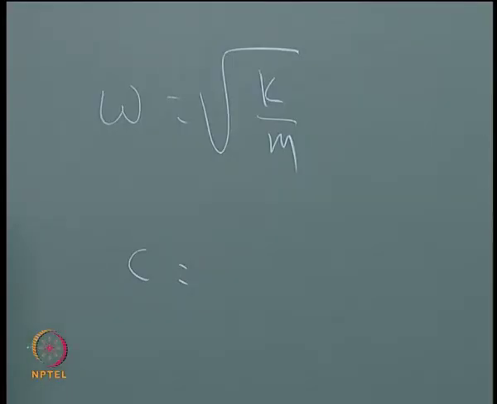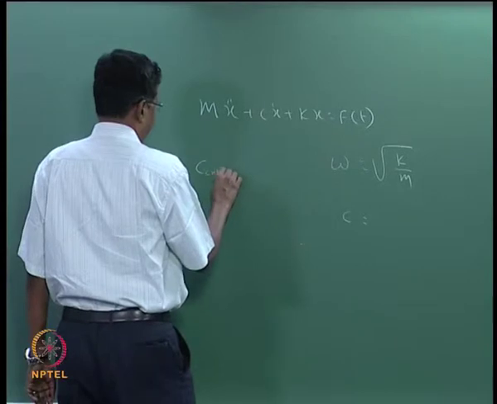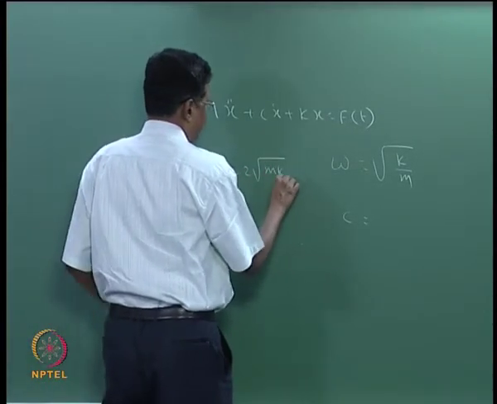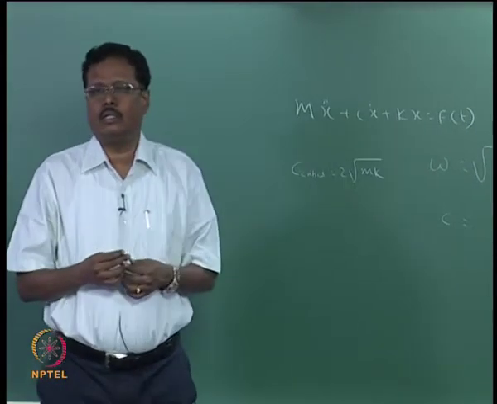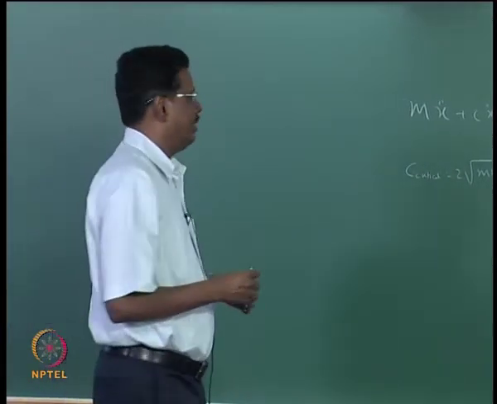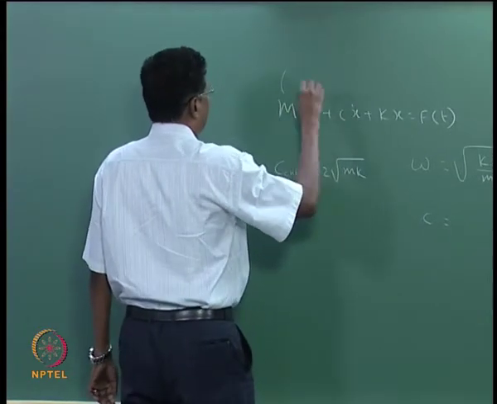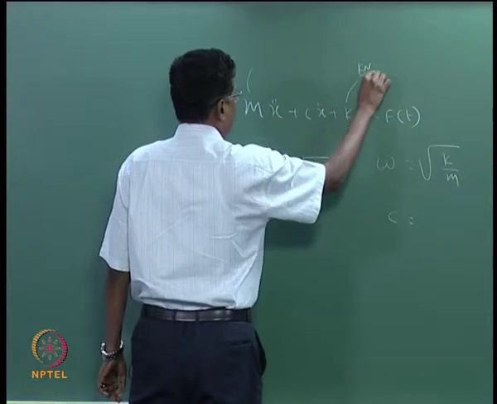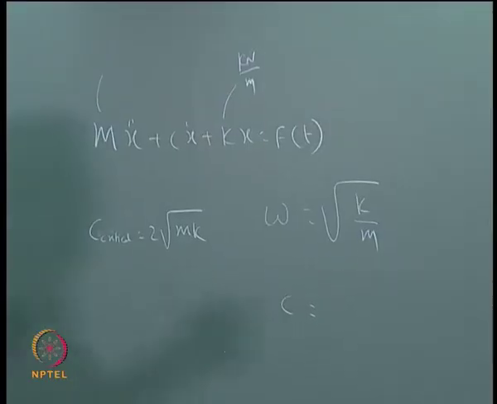What is critical damping? Critical damping is C equal to 2 into root of mk. M is mass. What is the unit of stiffness? Kilonewton per meter. What is the unit of x?